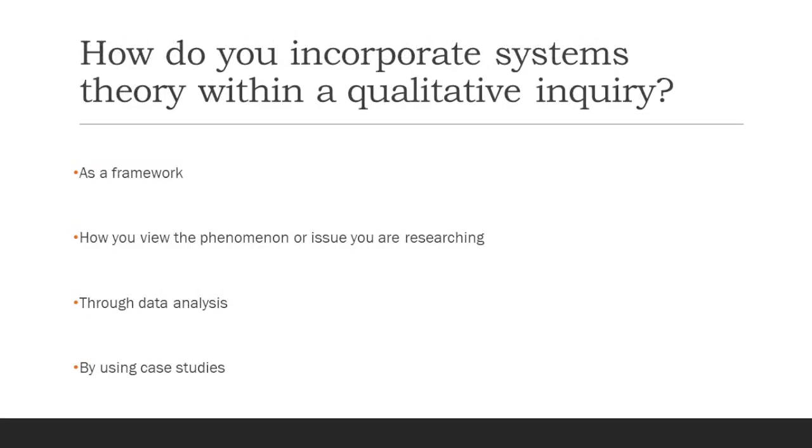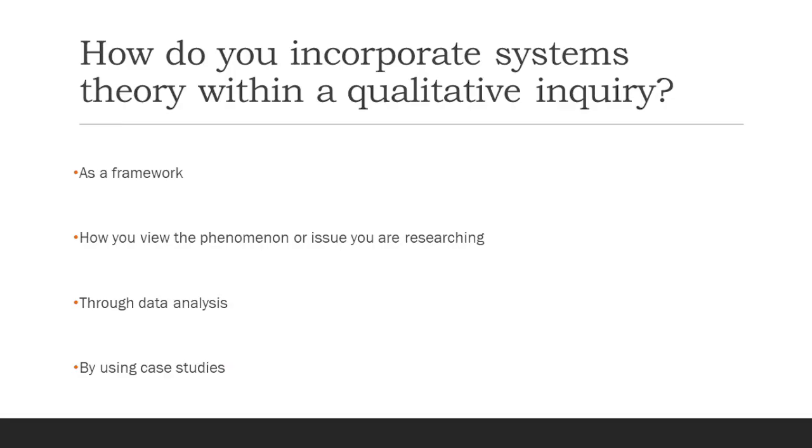Another important thing is, how do you incorporate systems theory within a qualitative inquiry? This can be done in many ways. Patton provided several examples, but in general terms, systems theory can be used as a framework in a research study. You can treat the issue or phenomenon you are studying as a systemic problem.